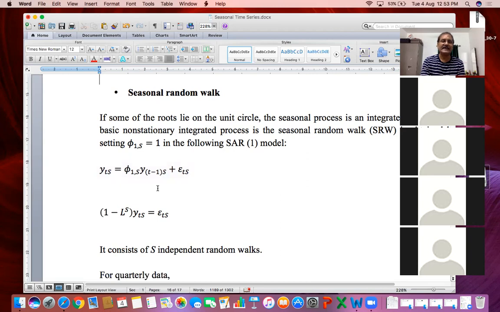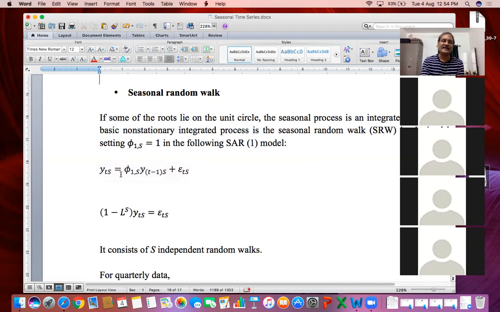Okay, and in this case, we have a possibility of a unit root. If phi_1s, the coefficient for AR(1) in seasonal time series, is equal to 1, then we have a unit root. But what is the difference between our conventional analysis for non-seasonal and the analysis for seasonal? In the case of non-seasonal analysis for AR(1), you have only one unit root. But in the case of seasonal time series, you have more than one unit root, even in the case of AR(1).